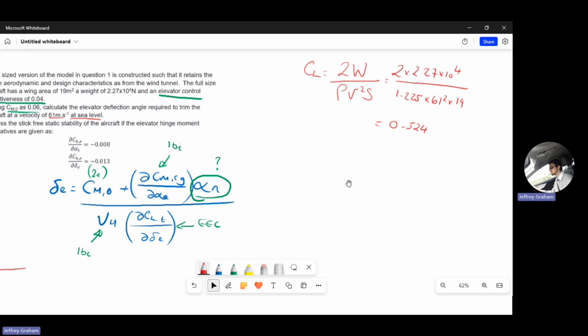Right, what that means now is there's your coefficient of lift, there's your angle of attack. We know this point here is 0.524. We also know we've got a rate of change of 0.1 from earlier on for the tail section. Let me verify that number. Sorry, this is the main one, so that's 0.08.